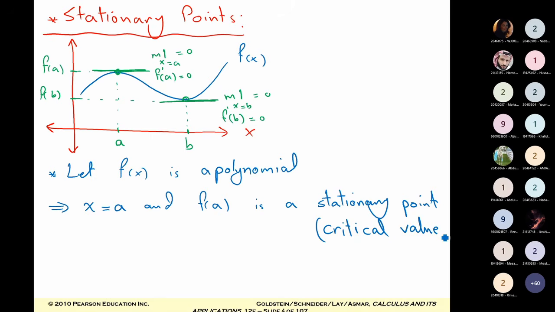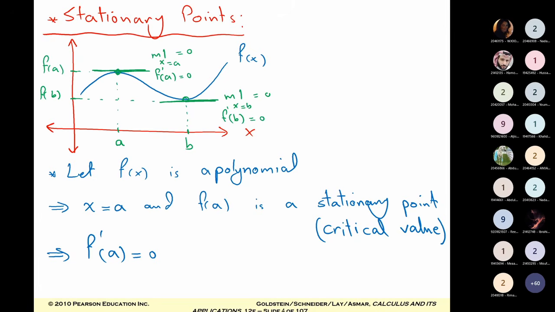So f prime of A must be equal 0. Any change in f of x from increase to decrease occurs at the point called the critical point or stationary point. At this point, f prime equals 0, okay?